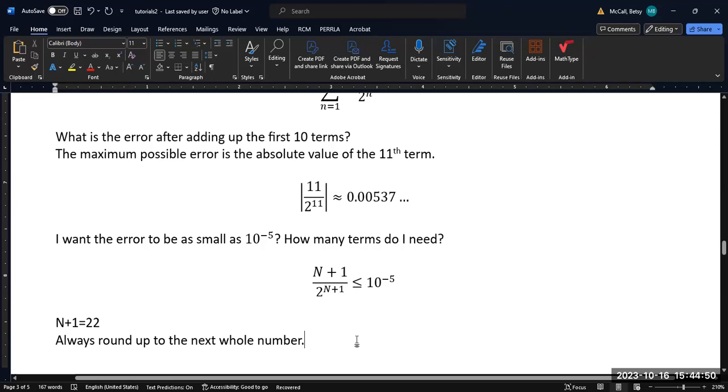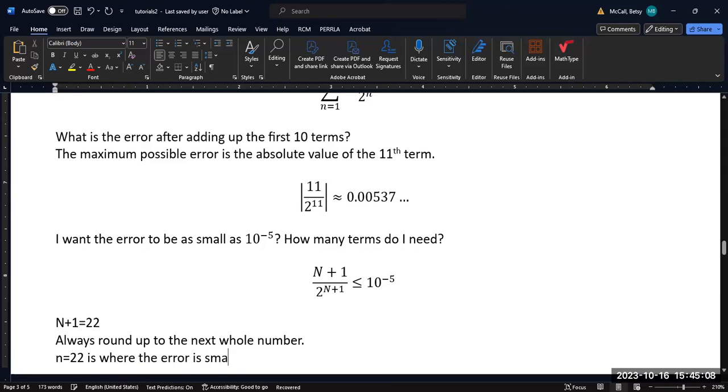And then the term where I stop counting is the nth term. So little n equals 22 is where the error is small enough to meet my requirements. Stop counting at the prior term.